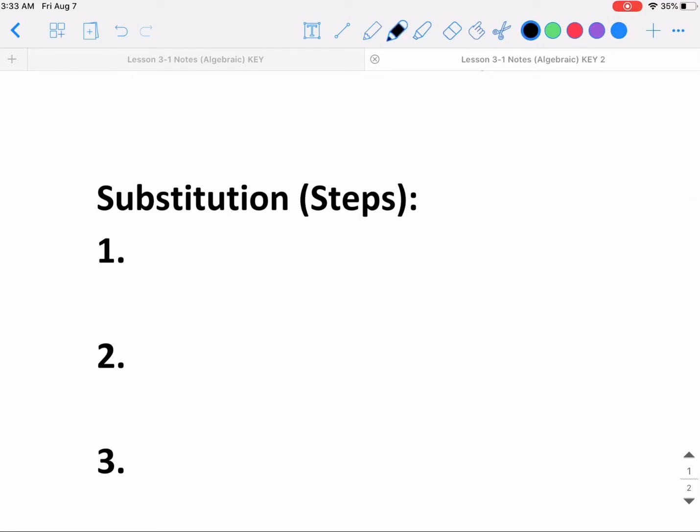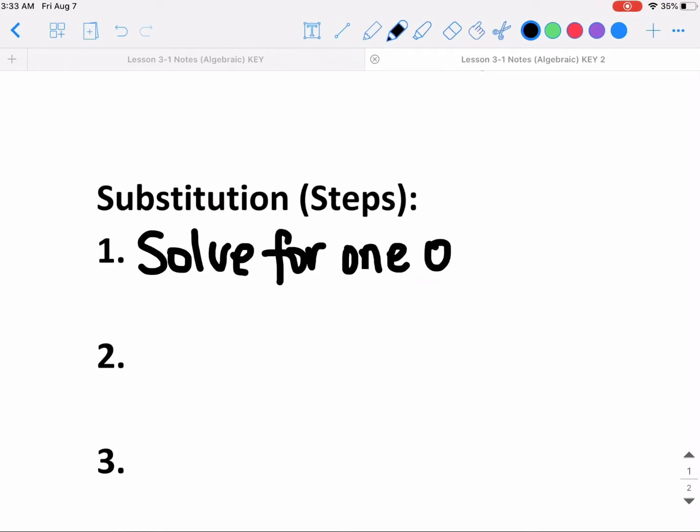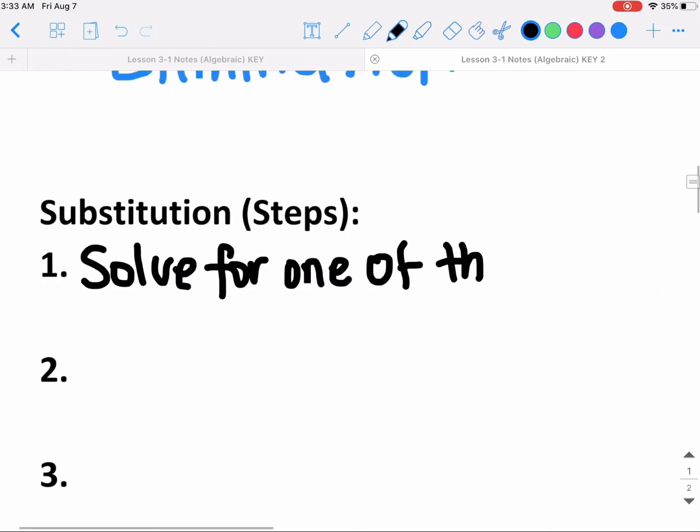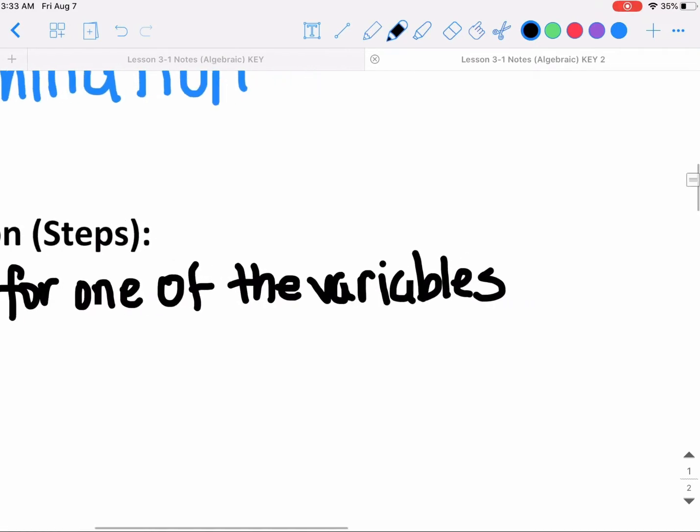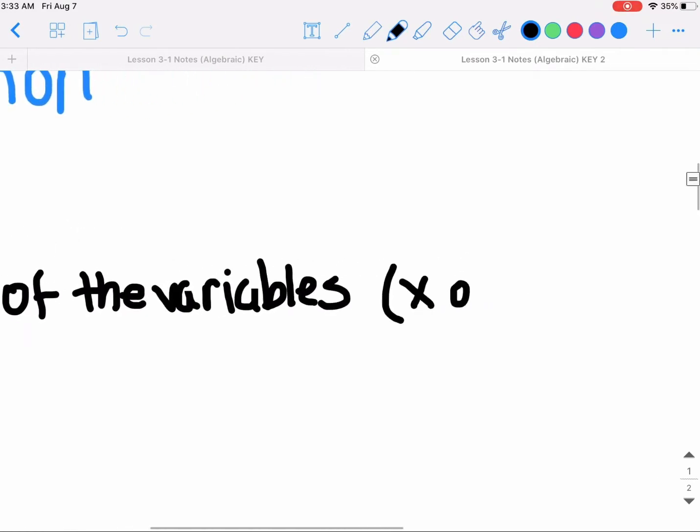So there'll be two variables usually, and you'll solve for just one of the variables. You won't be able to get a number for it, but you'll get an expression for it. So you can do that for either x or y. Usually you'll be dealing with x and y.